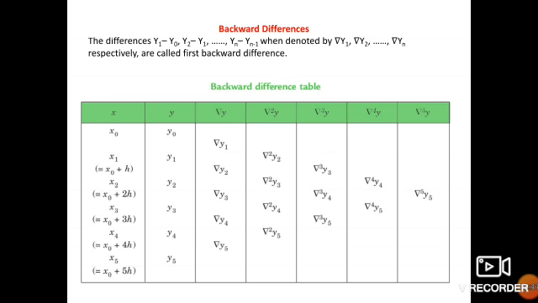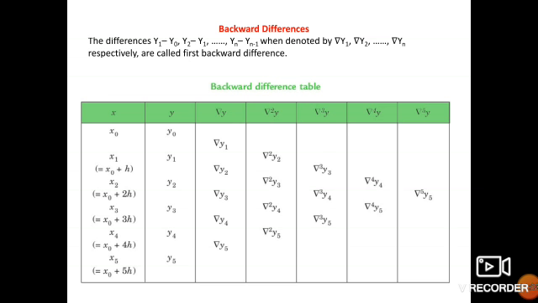Like the forward difference, you subtract the values: y1 minus y0, y2 minus y1, y3 minus y2. Reverse subtraction, likewise forward difference. What is the difference between the forward and backward difference tables? In the forward difference table, we select the topmost values: y0, del y0, del squared y0 and so on.